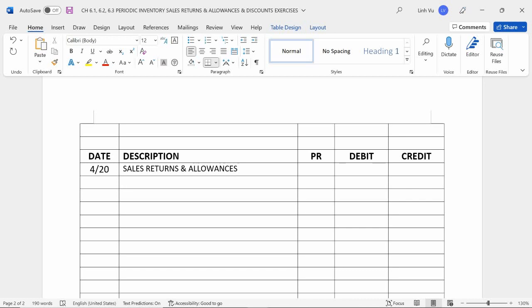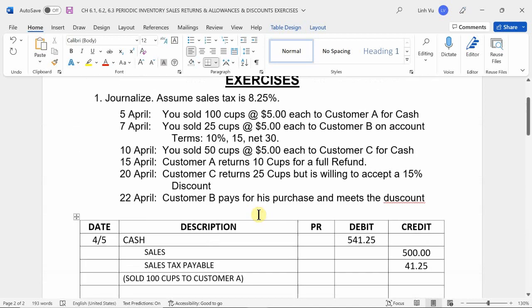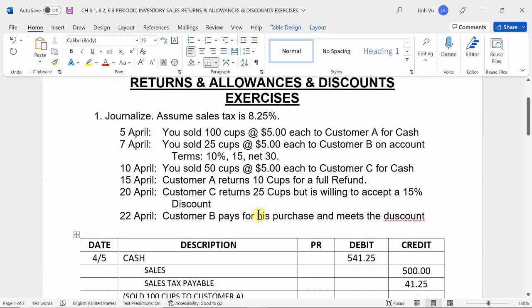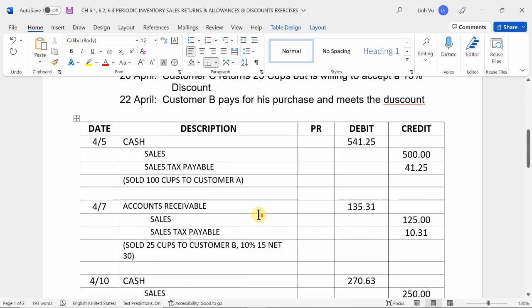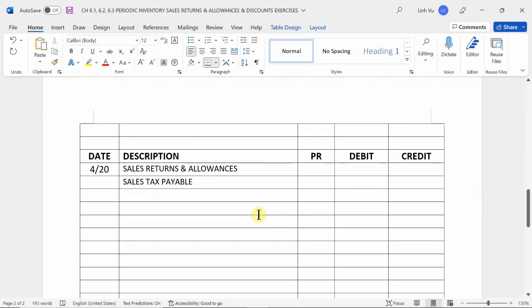What else are we also going to return? Sales tax payable. Yep, we have to give them a portion of the money back, even though they didn't return the product to me. And how did customer C pay me? Cash. They paid me with cash, so I'm going to refund them in cash.